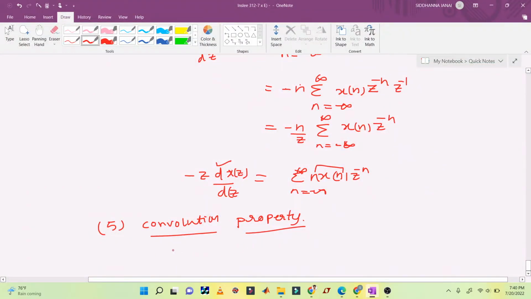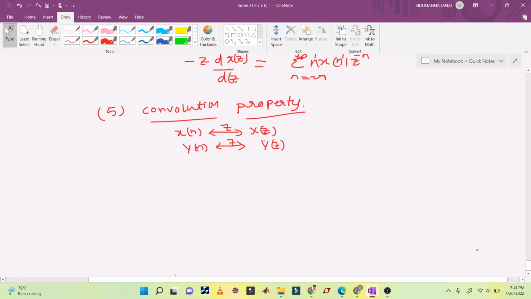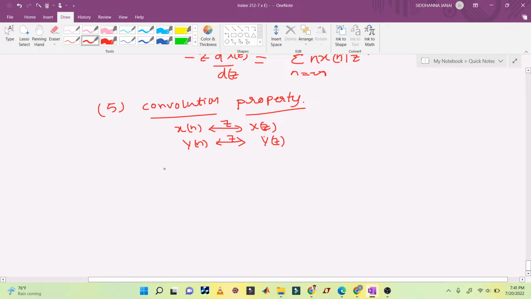Okay. Now convolution property. If you have x of n producing x of z as z transform, y of n, that is another signal, producing z transform as y of z. If you want convolution of x of n with y of n in time domain, that is z transform of x of n convolution y of n is equal to x of z multiplied by y of z.